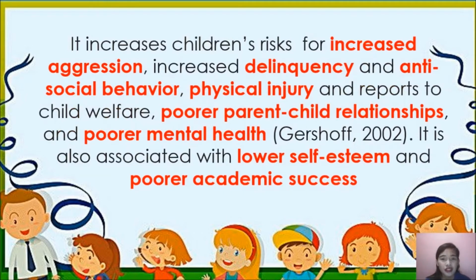It increases children's risk for increased aggression, delinquency, and antisocial behavior, physical injury, and poor parent-child relationship, as well as poorer mental health. It is also associated with lower self-esteem and poorer academic success.